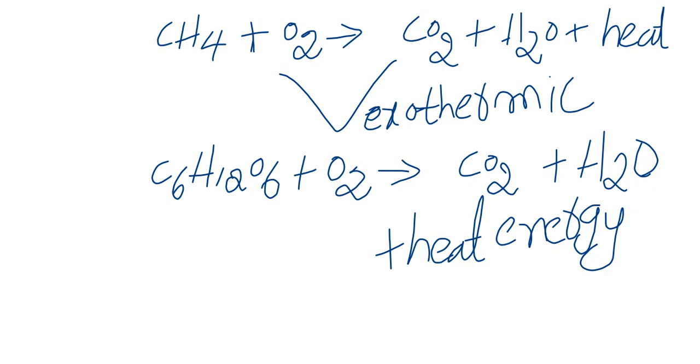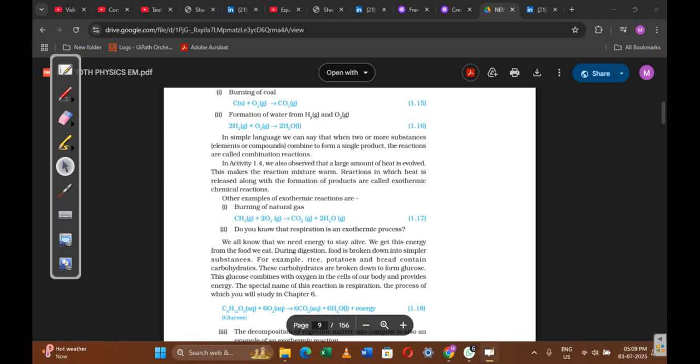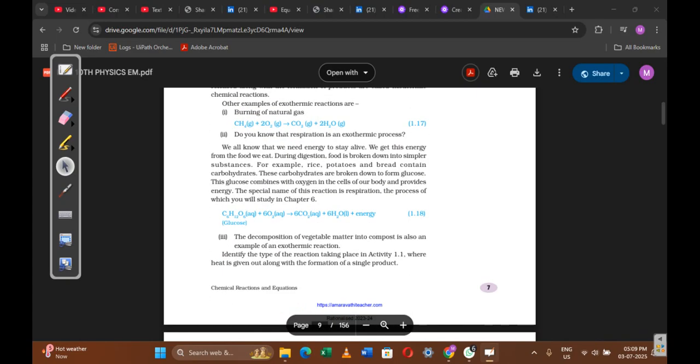This reaction is called the respiration reaction. When we inhale oxygen, it reacts with the glucose. How can we get this glucose? When we take food, this food breaks down and forms glucose.